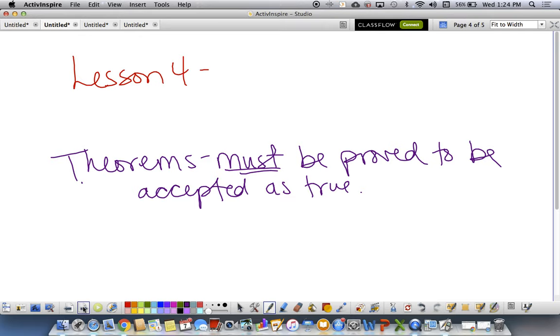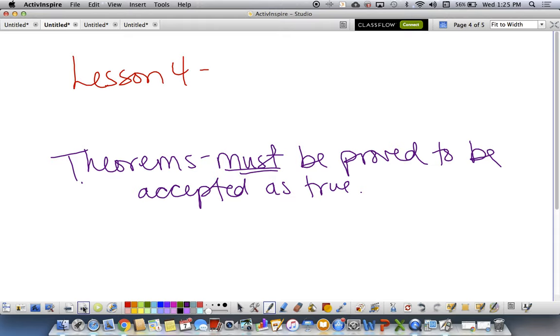Theorems are great. We can't accept them as true, but if you can prove it, then it's true, right? So what's the difference? Well, there's still a lot of difference. We could kind of argue about a theorem, but it will eventually be accepted as true.